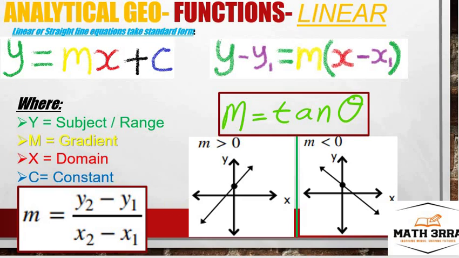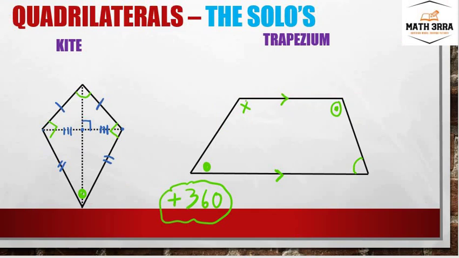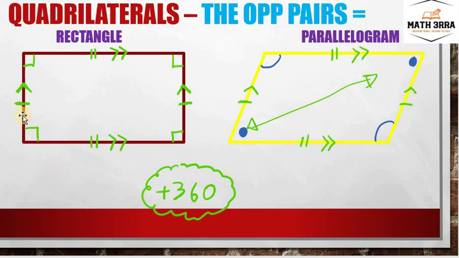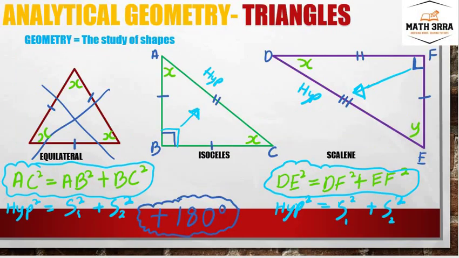Sometimes the shape can be a kite, sometimes a trapezium, sometimes a rectangle, a parallelogram, or any form of a triangle that is on a Cartesian plane, or a combination of any of the shapes that we studied in the first part of this video series for analytical geometry.